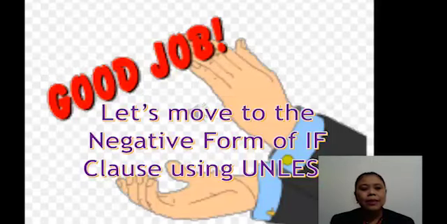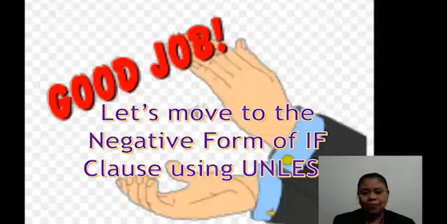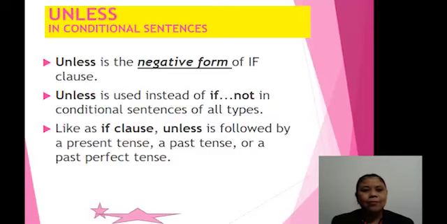Okay, students, English learners, let's move to the negative form of if clause. That's called unless. So unless in conditional sentences is the negative form of if clause. It is used instead of if not in conditional sentences of all types.